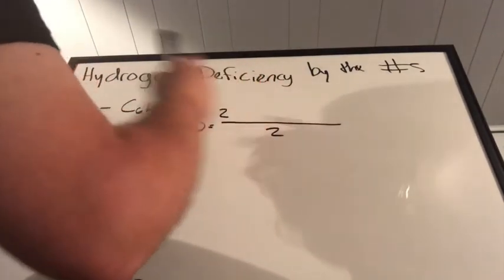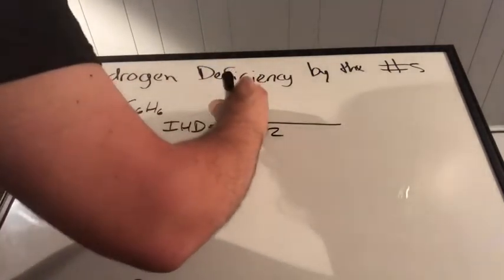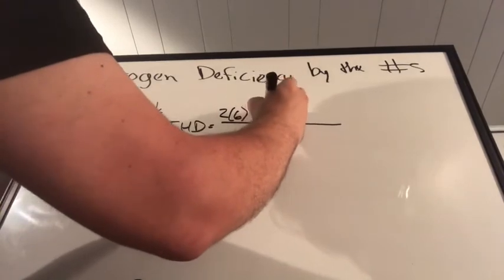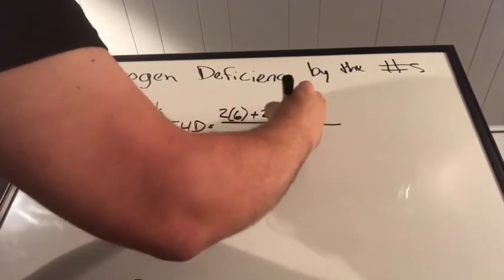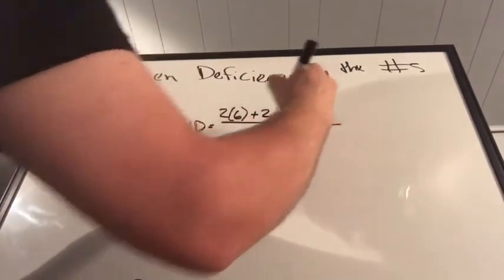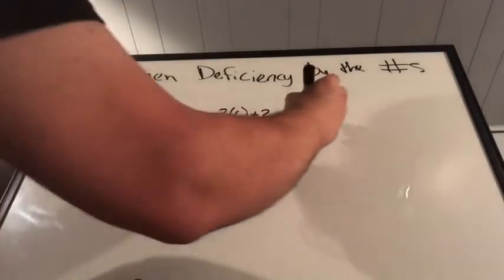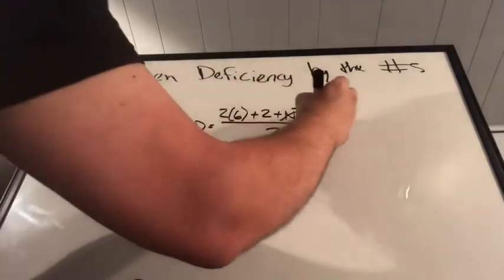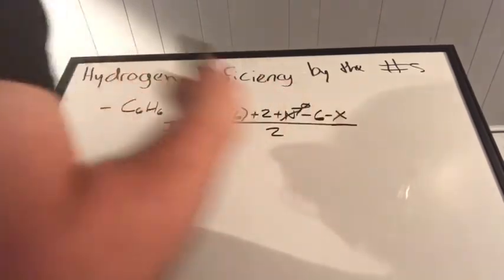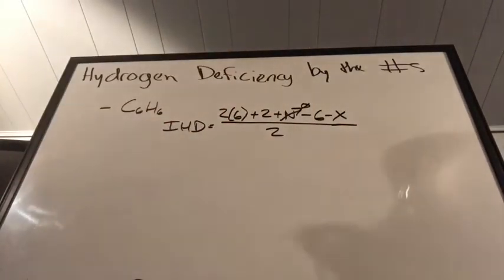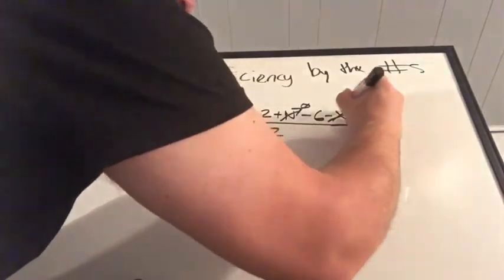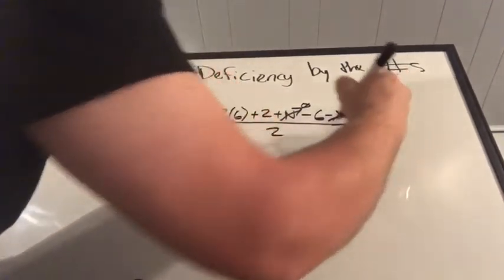2 times our carbon, which is going to be 6, plus 2 plus N, which is going to be 0. Okay. Minus H, so we have 6 hydrogens here. Okay. And we don't have any halo groups, so that X, which just represents a singly bound halide, is also going to be struck out. Okay.